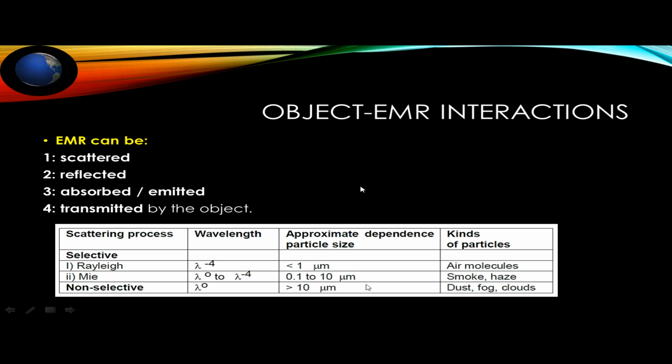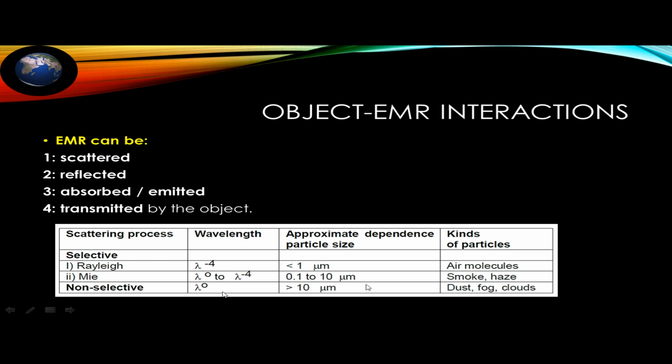So these are the wavelengths of selective and Mie scattering, and the approximate dependency on the particle size. This behavior depends on the atmospheric particle size. Rayleigh scattering happens when there are air molecules, and Mie scattering happens when the wavelength and the particle diameter lie between 0.1 to 10 micrometer, which is generally smoke and haze particles in the atmosphere.